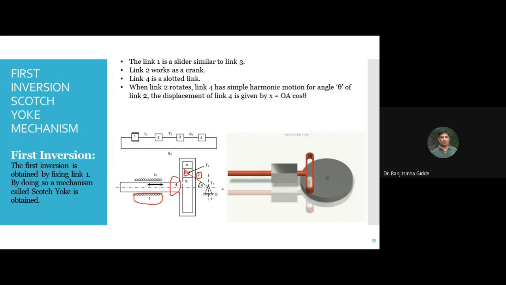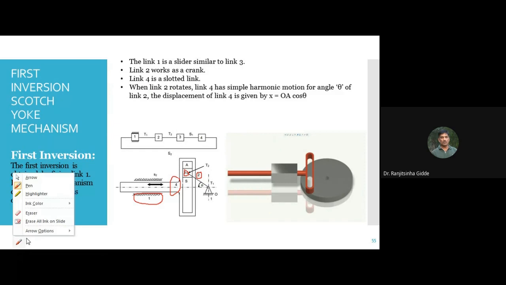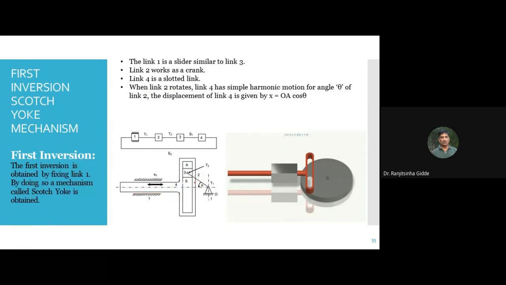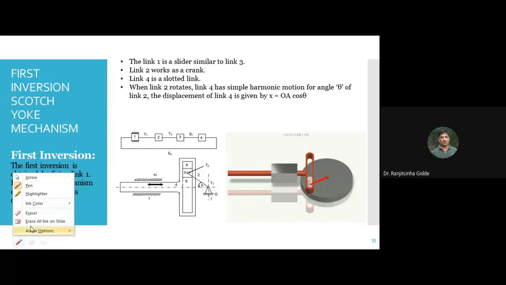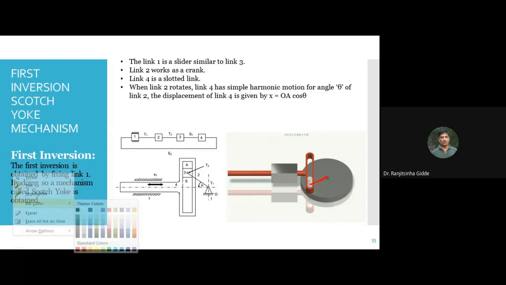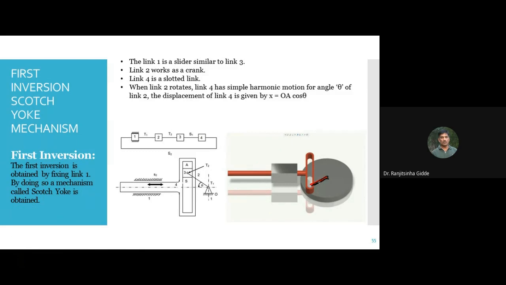When link 2 rotates, here I will draw one temporary construction. So this is link 2. When link 2 rotates, because in the animation this is the fixed point and it is going to slide like this while rotating, link 4 has simple harmonic motion.